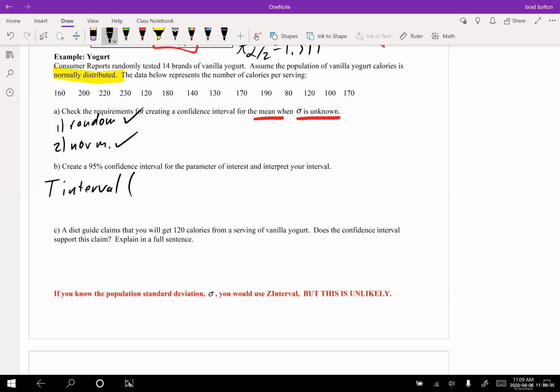So what I'm going to do first is I'm going to go to stat and edit. Okay. So first, maybe I'll write it over here in green.